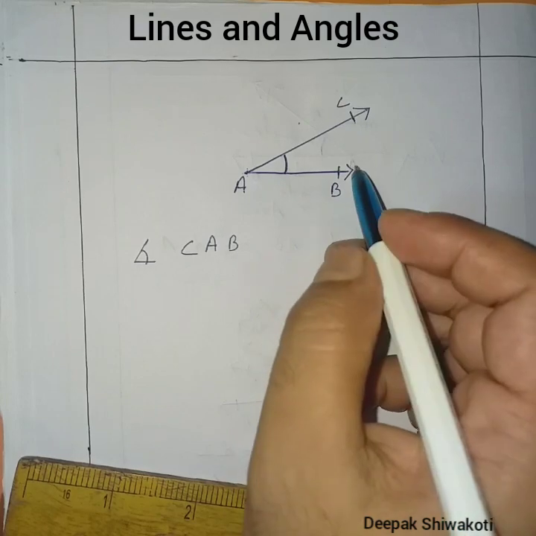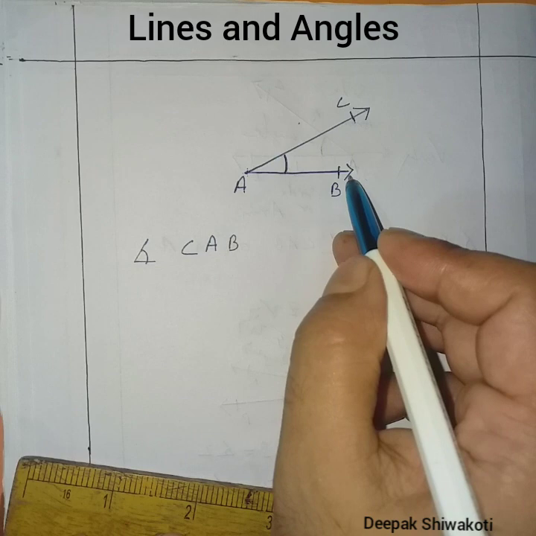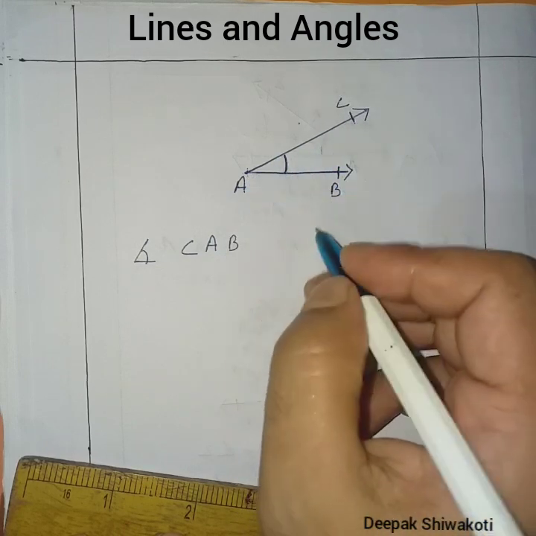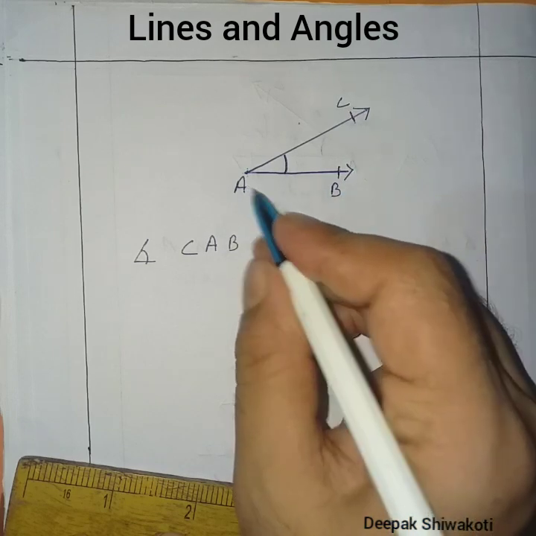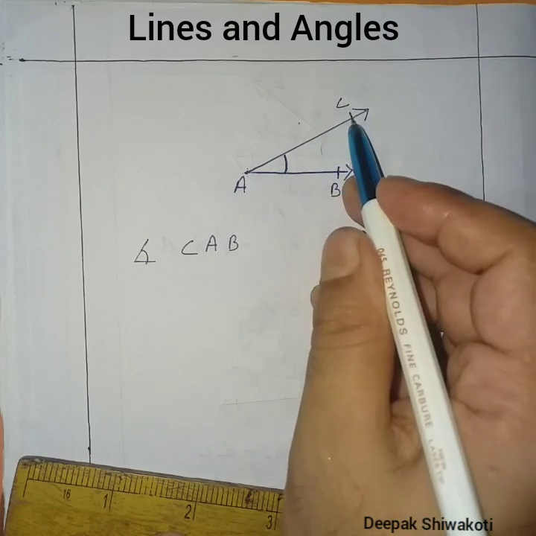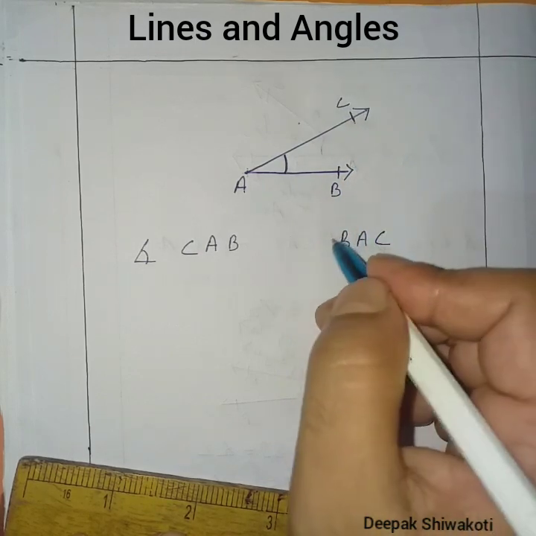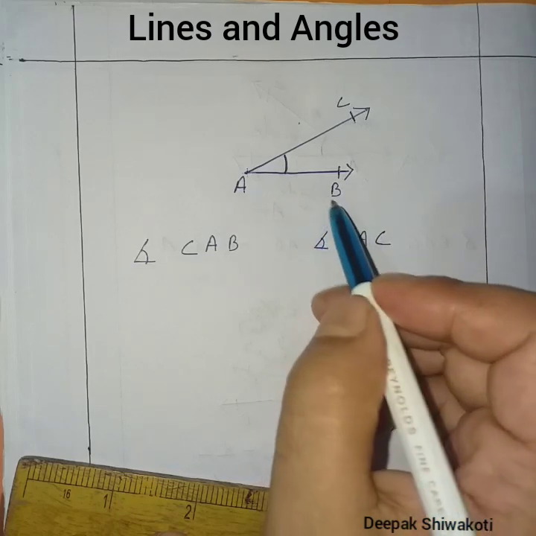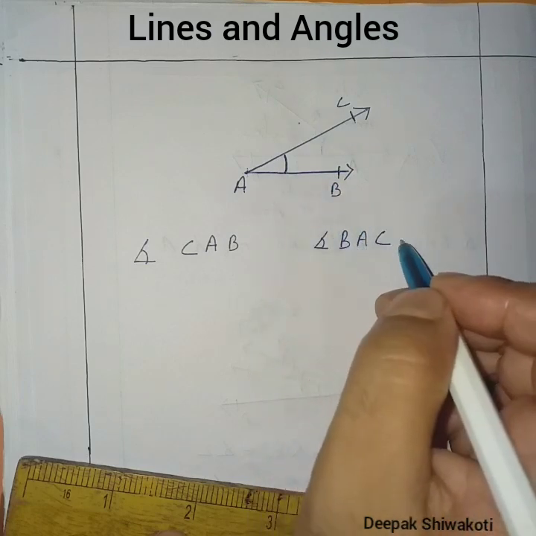The same angle can be named with any point on one ray, the vertex, and any point on the other ray, that is B, vertex A, and C. The symbol to represent an angle is this. So the name of the same figure is angle BAC.